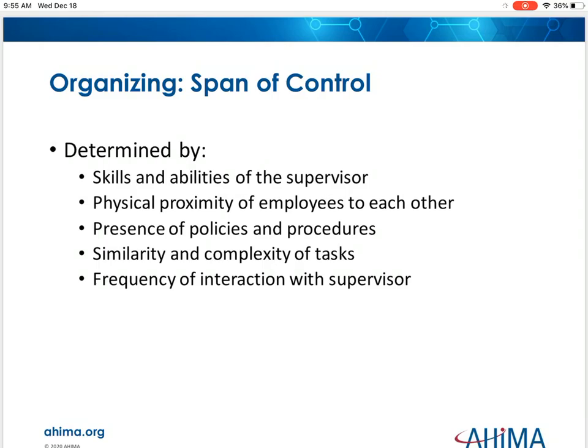So the skills and abilities of the supervisor. If they are competent in their role, talking about our manager, then they're able to take on a larger span of control. And in addition, when employees are more competent and have specialized skills, this allows a manager to have a larger span of control too.